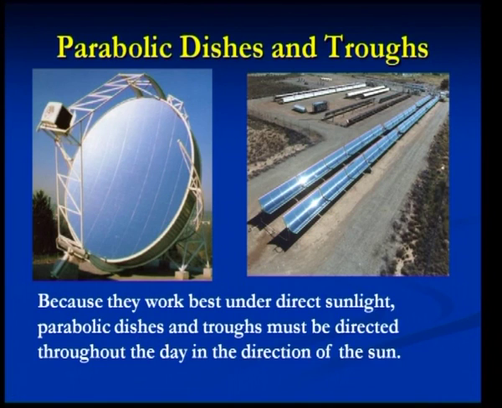Because all these work best under direct sunlight, the parabolic dishes and the troughs must be directed throughout the day in the direction of the sun. So the idea behind using parabolic dishes and troughs is that they have the capacity to change their direction, whatever direction the sun is available in, so that you concentrate and increase the amount of energy that can be obtained from solar power.